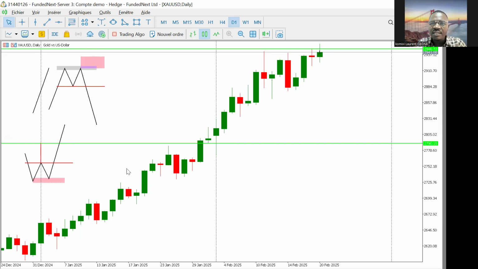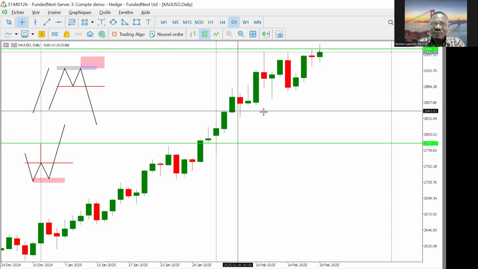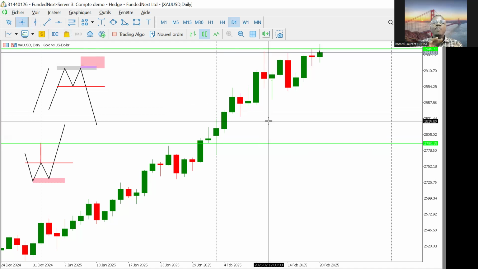Okay, let us go to the market and look for an example. As far as I'm concerned, the chart patterns are formed in high time frames and are visible in lower time frames.